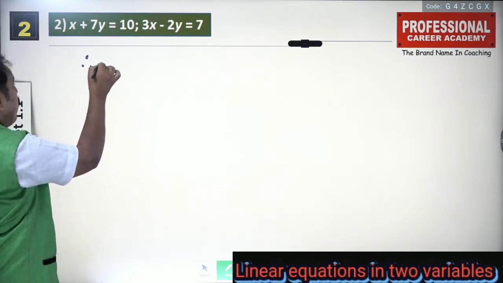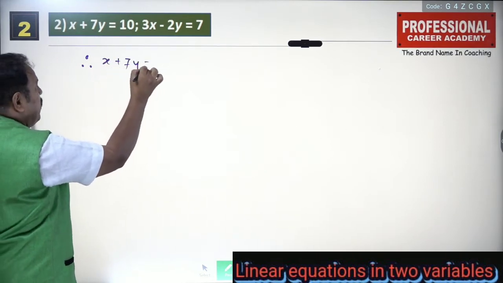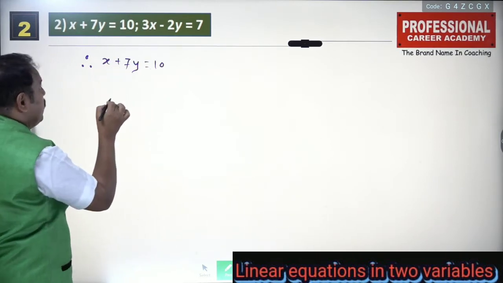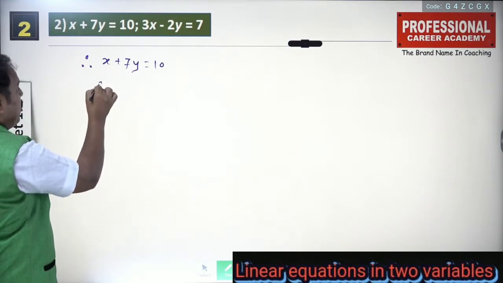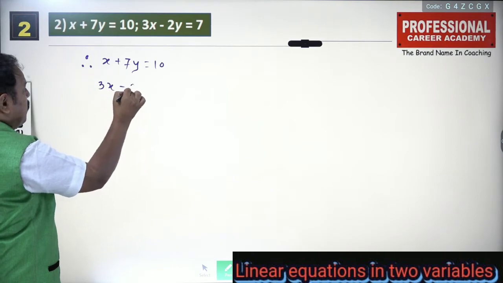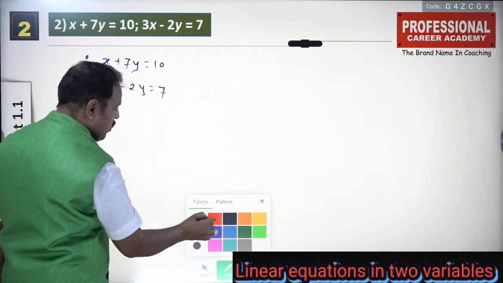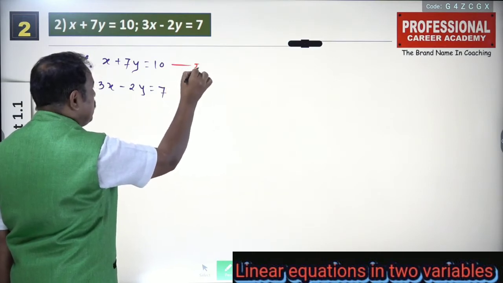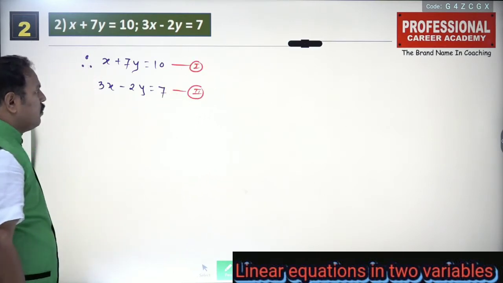So x plus 3y is equal to 10, this is one of the equations. And here 3x minus 2y is equal to 7. So this is equation number 1 and this is equation number 2.